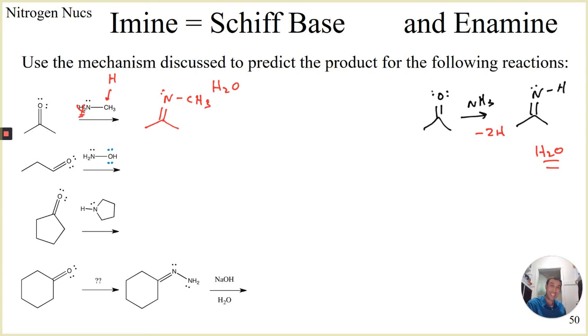Hopefully you recognize that nitrogen is the better nucleophile, because it can't stabilize the electrons as well, as it is less electronegative than the oxygen, which means the nitrogen acts as our nucleophile. We'll ditch the 2 hydrogens, and we get H2O again, and we've got our answer. So everything's fine and dandy.